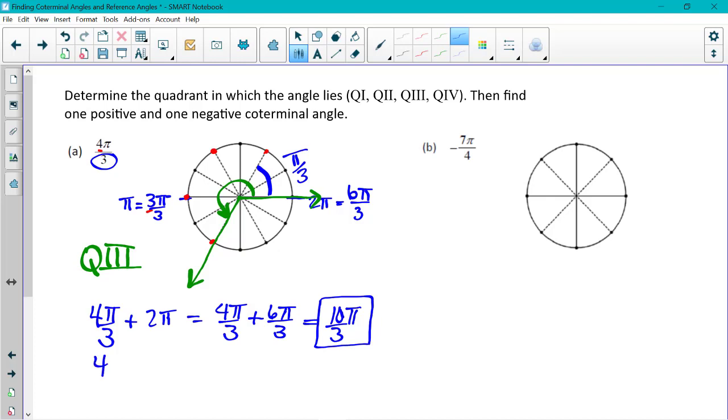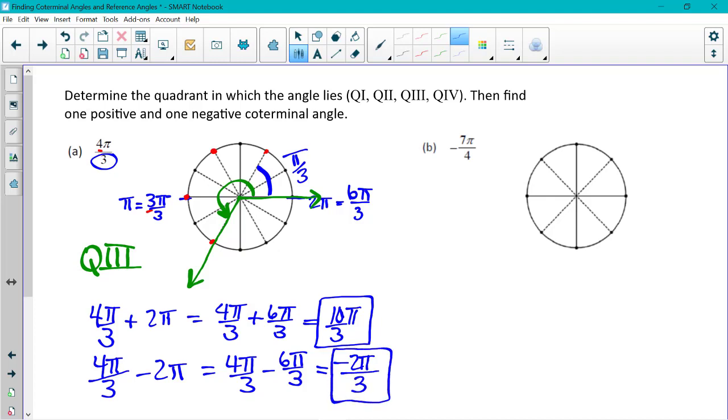If I want to find a negative coterminal angle, then I subtract 2 pi, which would be subtracting the equivalent fraction of 6 pi over 3. So 4/3 minus 6/3 is negative 2/3, or negative 2 pi over 3.